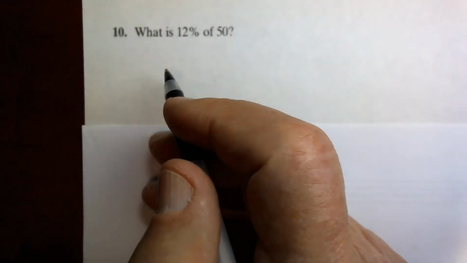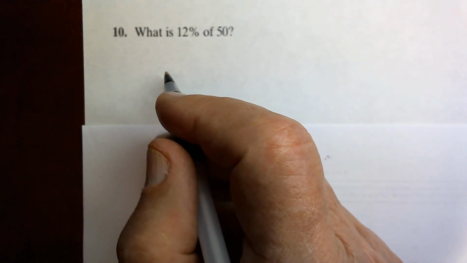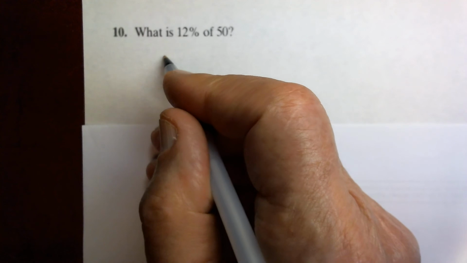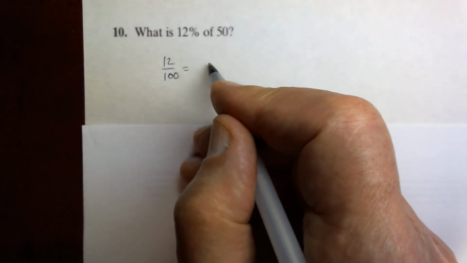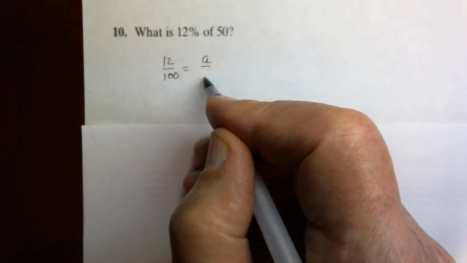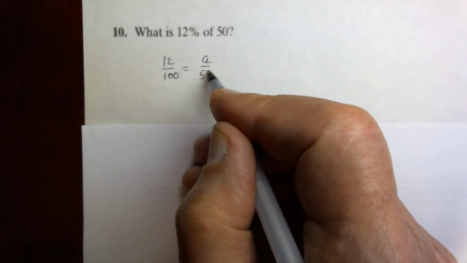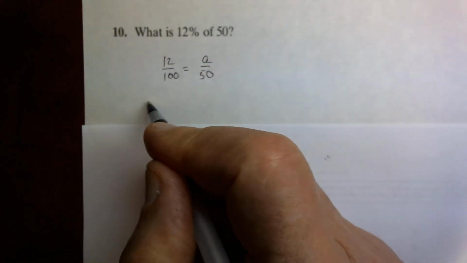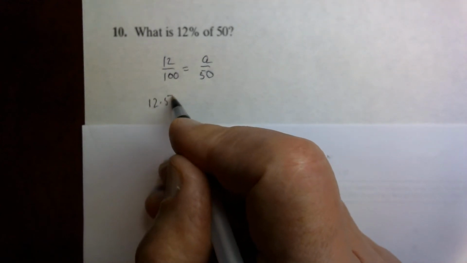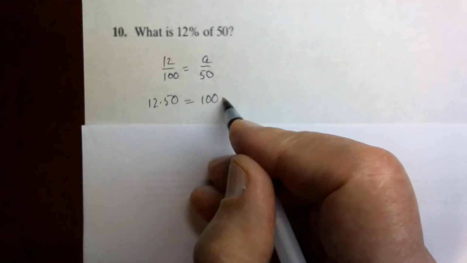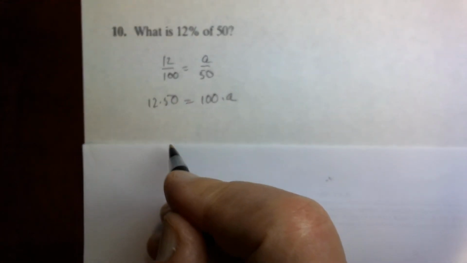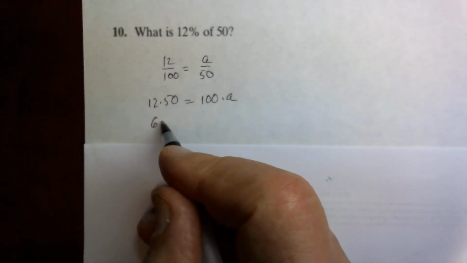We solve number 10 in a similar way. So 12% is 12 divided by 100, and that's equal to A divided by 50, where A is some number. We cross multiply, 12 times 50 equals 100 times A. 12 times 50 is 600.